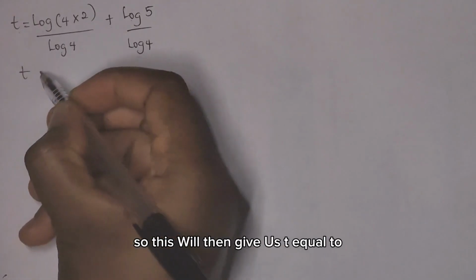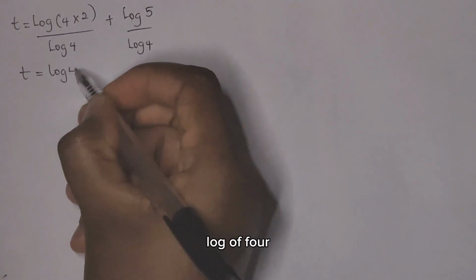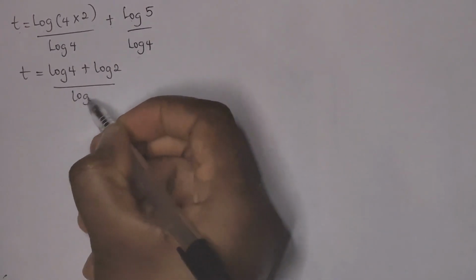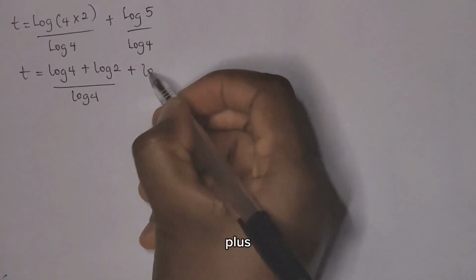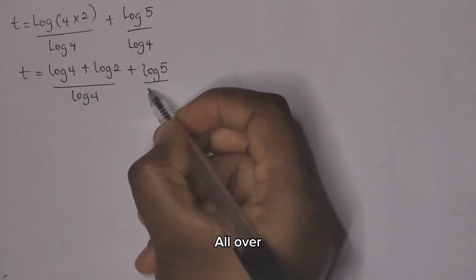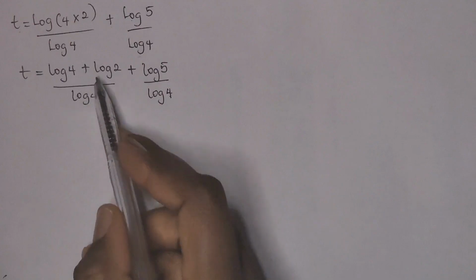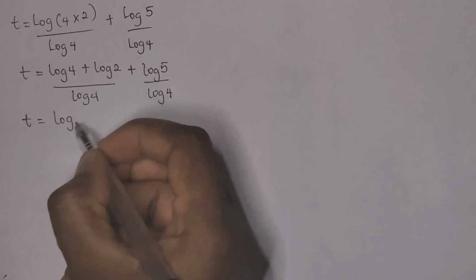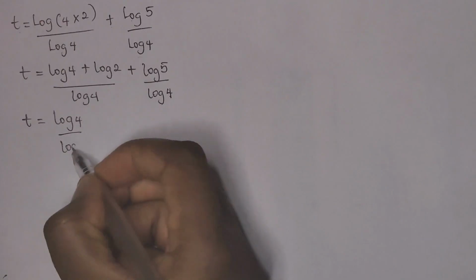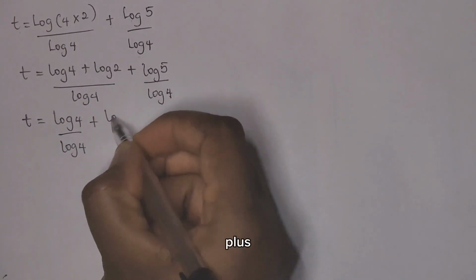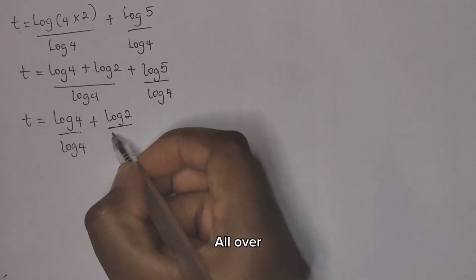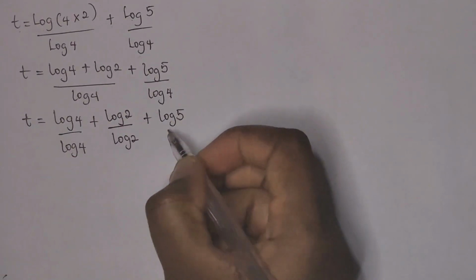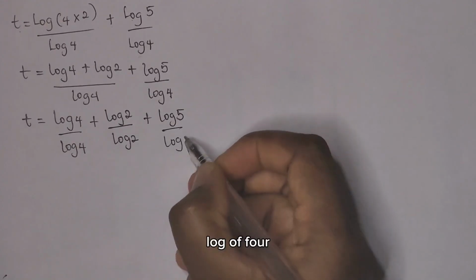So this will then give us t equal to log of 4 plus log of 2 all over log of 4 plus log of 5 all over log of 4. Splitting these two, we then have t equal to log of 4 all over log of 4 plus log of 2 all over log of 4 plus log of 5 all over log of 4.